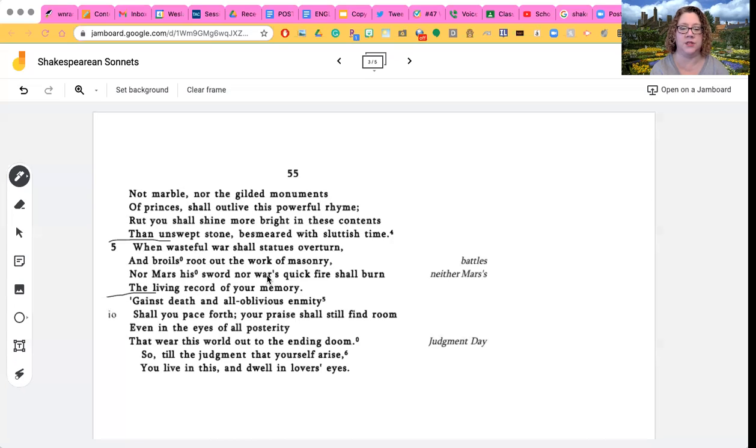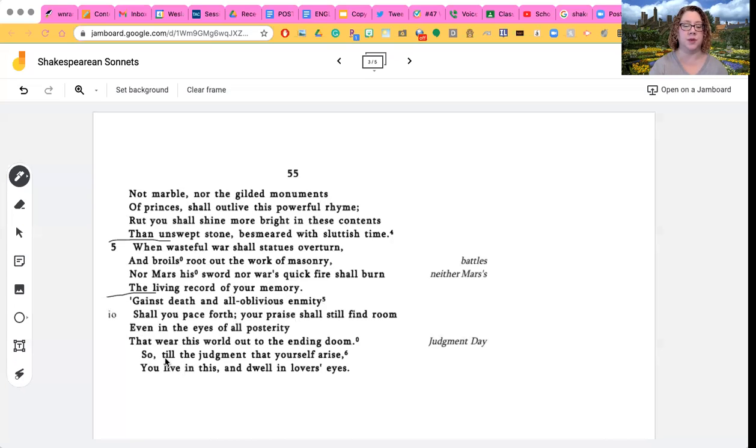So even Mars, the god, won't be able to burn the living record of your memory. Even war, the embodiment of war, can't do that. Against death and all oblivious enmity, that's just sort of anger and hatred, shall you pace forth. So you will continue no matter what, basically, because I've written about you here in this poem.